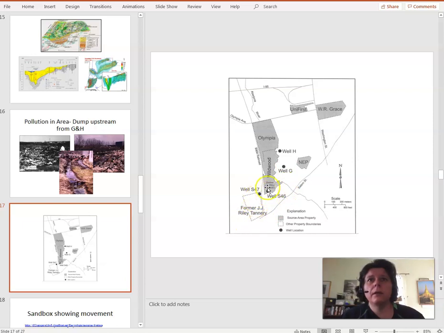There was another well here on Wildwood, which was the J.J. Riley Tannery property, where they would dump everything. Olympia, UniFirst, and Grace, and then National Plastics, a plastic manufacturer. These were all the properties that were slowly dumping stuff on their property and going down into this well.